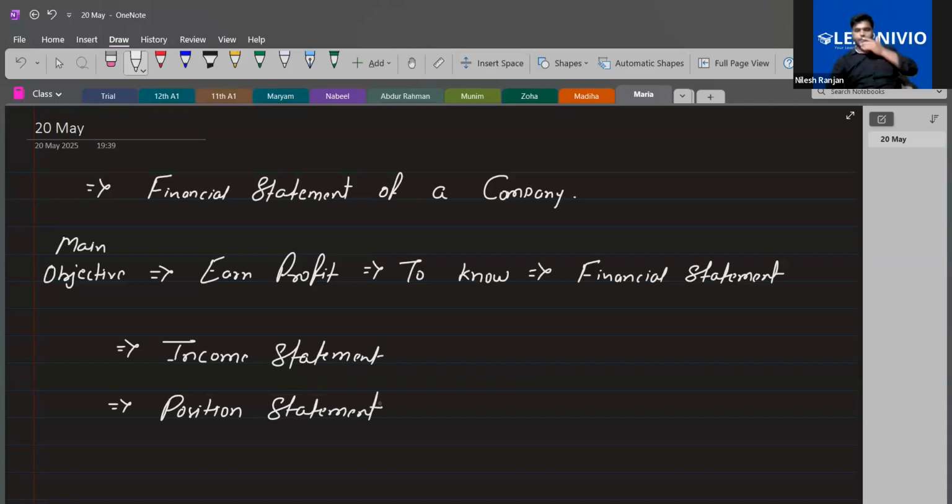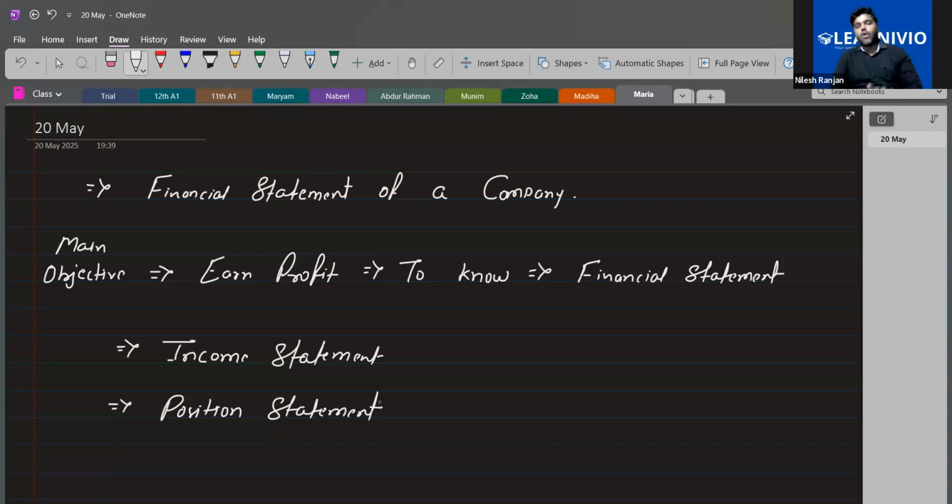Income statement tells us about the financial performance of a company, like how many expenses and how much total income we have earned during the year. We compare total income of business during a particular period with total expenses during that same period. We deduct expenses from the income and we get the result.